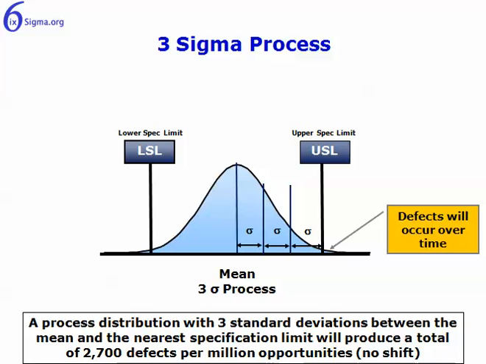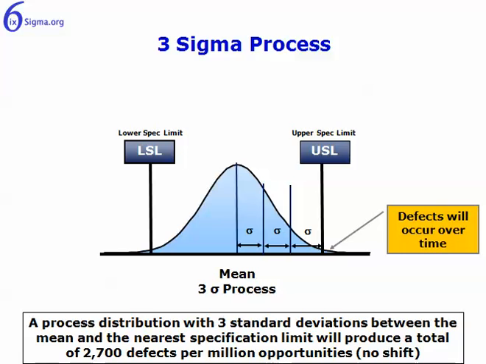And then I've got specification limits, LSL, lower spec limit, or USL, the upper spec limit. Those are given by customers or regulatory agencies or things of this nature, but they're not generally determined by the organization, unless, of course, it comes from engineering, but it's usually a customer-driven or regulatory-driven requirement.